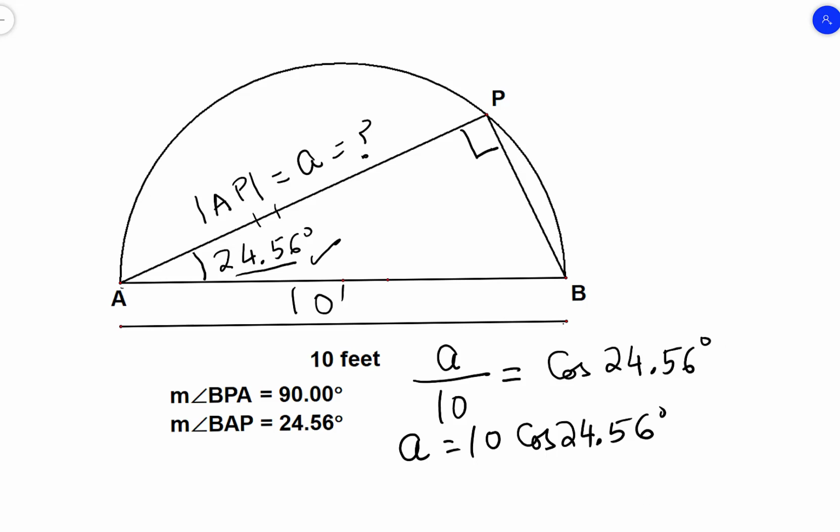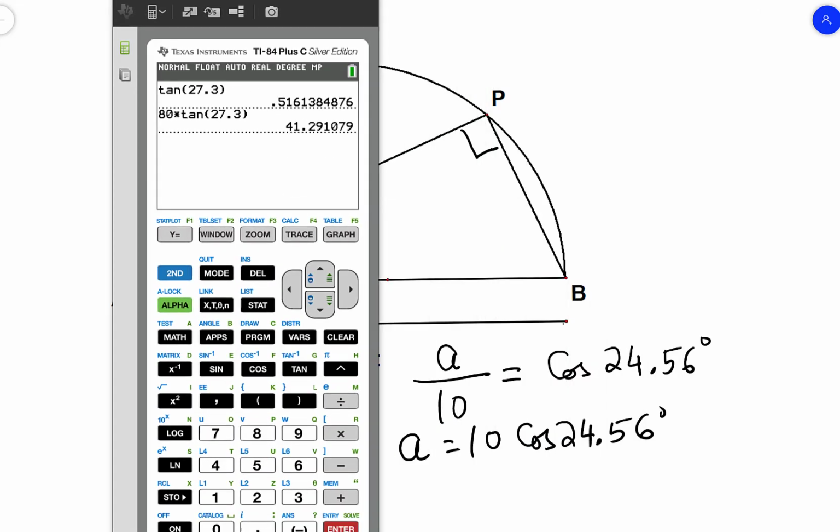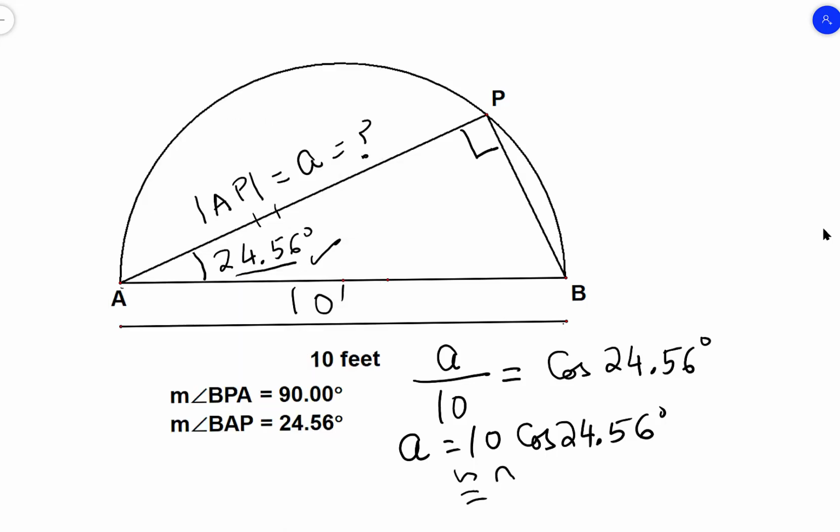Now we can bring our calculator back, okay, and we can go for 10 times. Remember, we are still in the degrees mode because I didn't change anything in between. So it's about 9.1 actually, approximated to one digit after the decimal sign. So it's about 9.1 feet, the distance from A to P. All right.